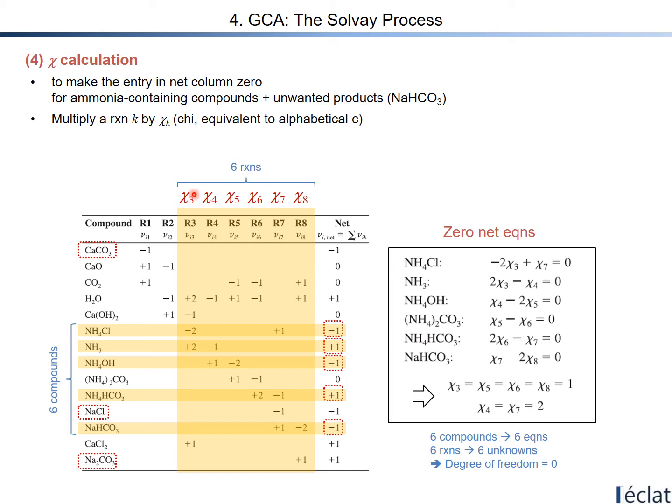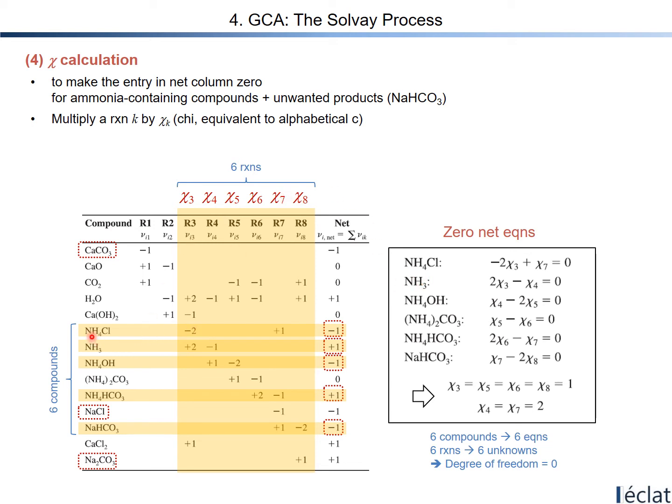And these are the weight factors for each reaction, actually each the stoichiometric coefficient of each reaction. Okay, so right now reaction 3 has this kind of stoichiometric coefficient. R4, this one, 5, 6, 7, 8. And then let's set up the zero net equations to calculate the values of the weight factors.